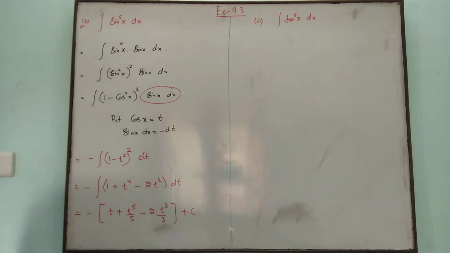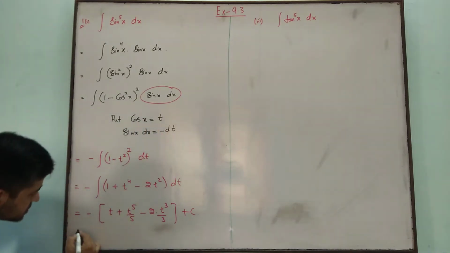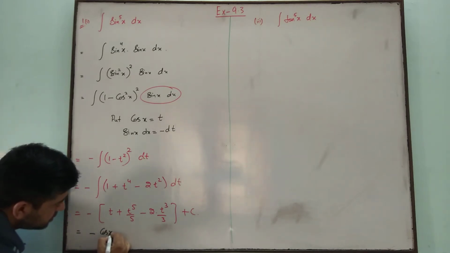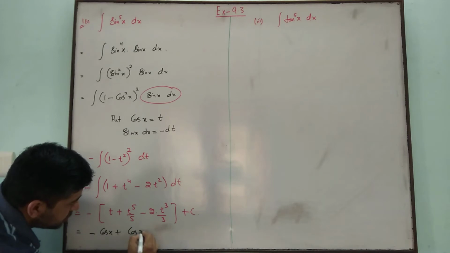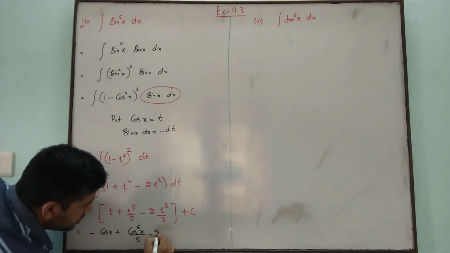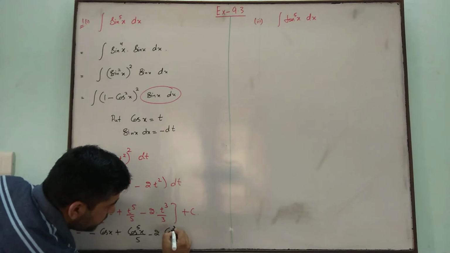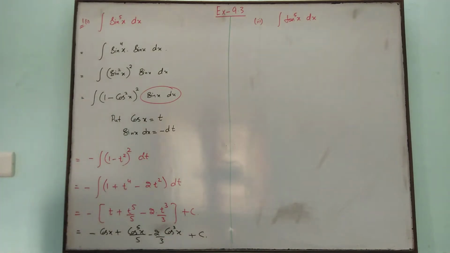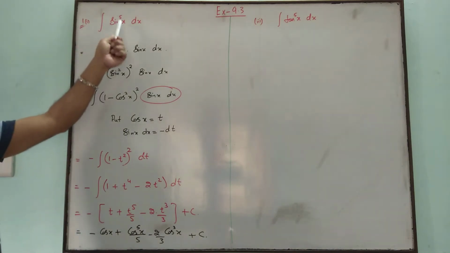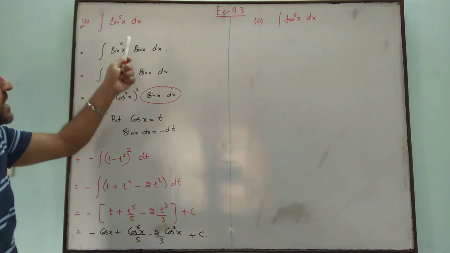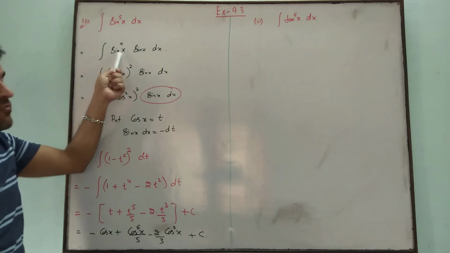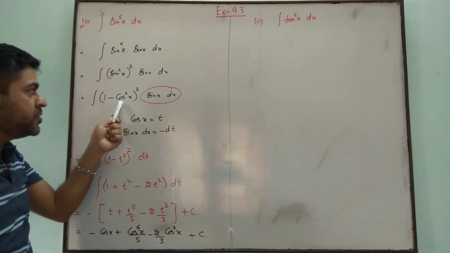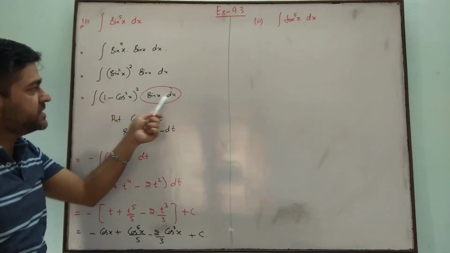Now substitute the value of t, that is cos x, so minus cos x to the power 5 upon 5, plus cos x to the power 3 upon 3 plus c is your integral. So it's very simple: if the power of sine or cos is odd, separate one, and for the rest, which is even, you can convert it into sine square and then into cos, so that this will be a dt.